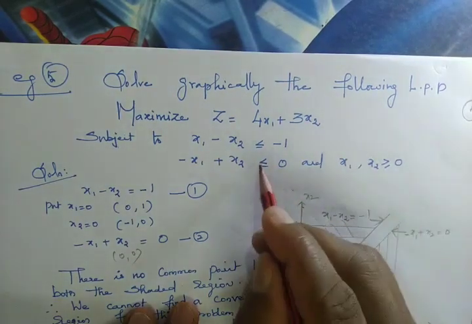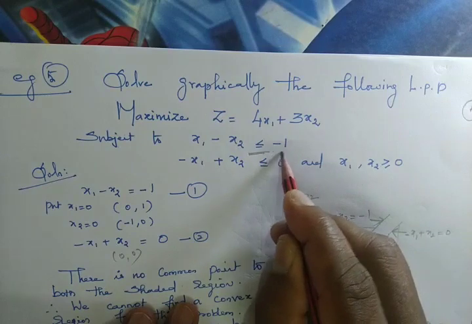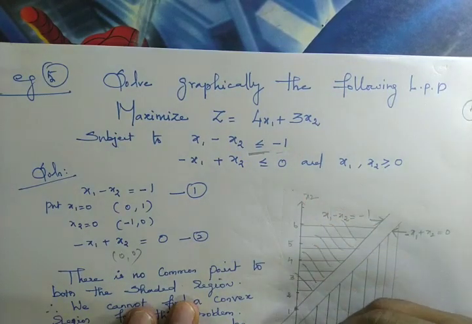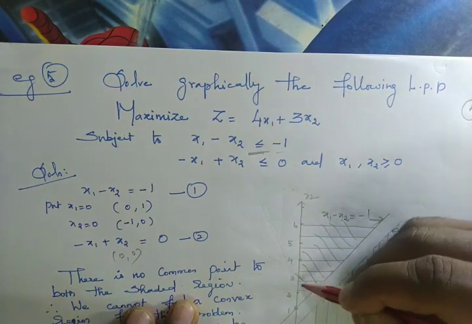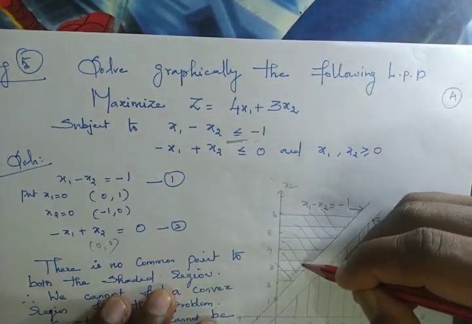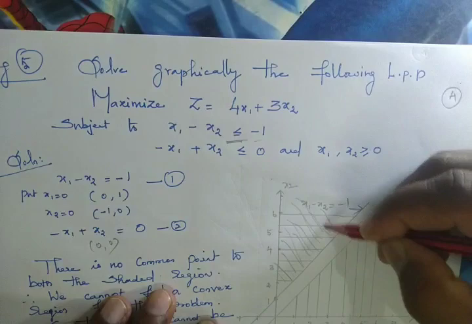That's the reason we are considering only the first quadrant, and stopping up to that. Only this part we can consider.